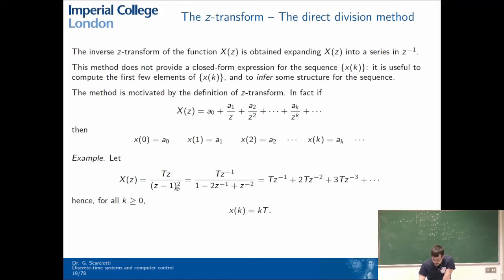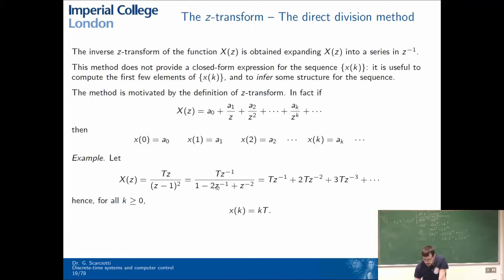We expand this denominator, and we divide and multiply by z^2, and we obtain this expression. Now we do the division between the numerator and the denominator.